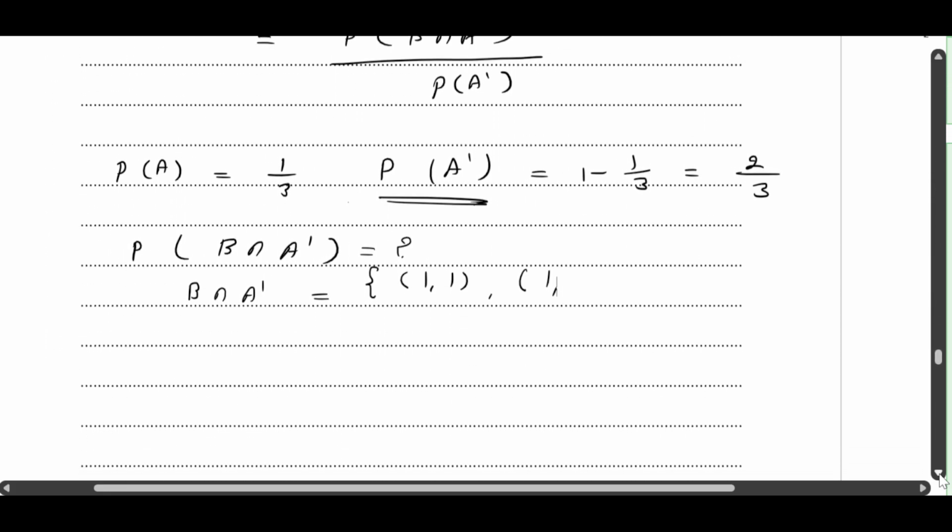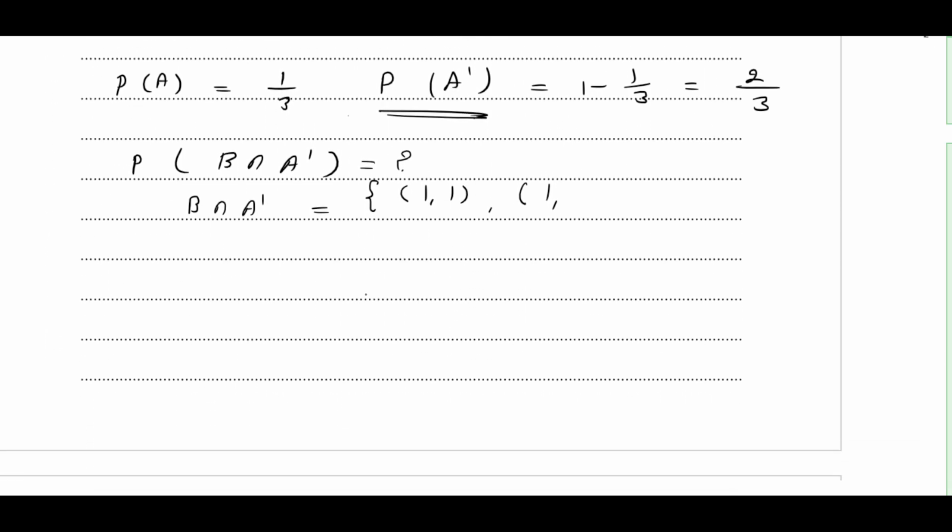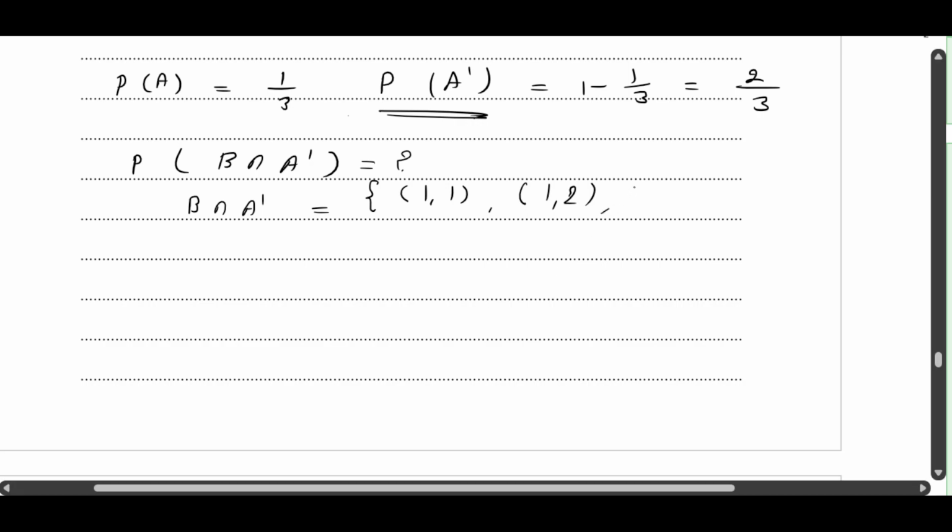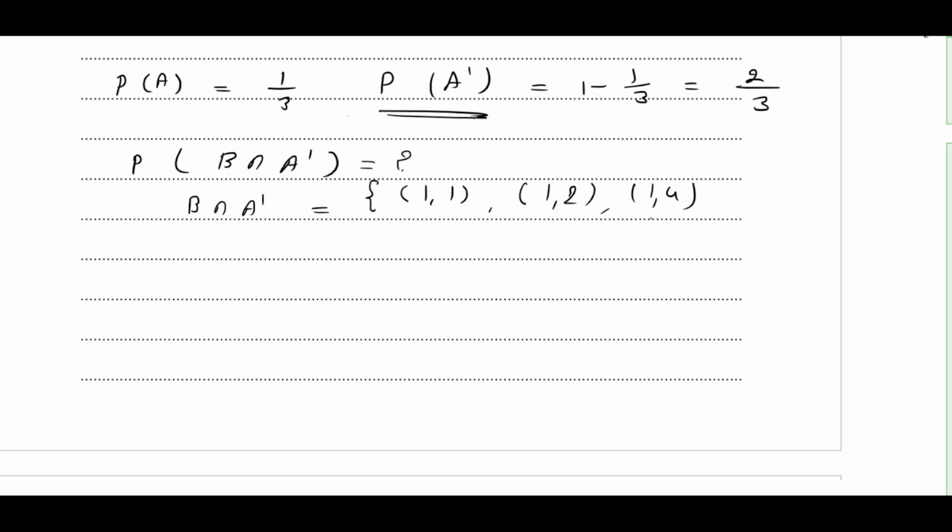First 2, 3, 4. So this is for 2, for 3, and this is for 4, up to 9. Then for 1 6 it will become 7. So again I have 6, so 1 2 3 4 will not happen here.